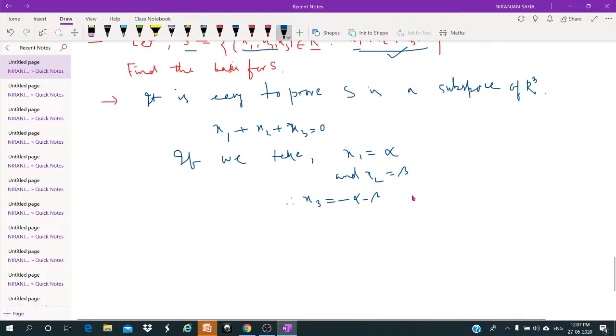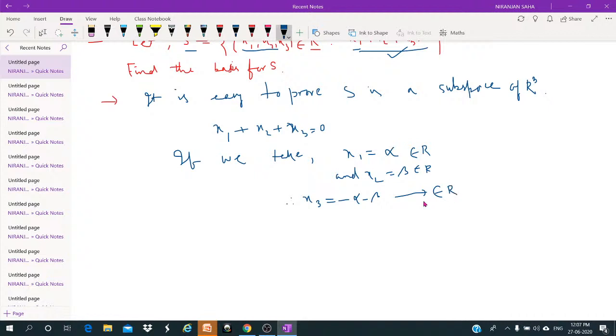So we take two variables alpha and beta, both belonging to R, and x3 also belongs to R.